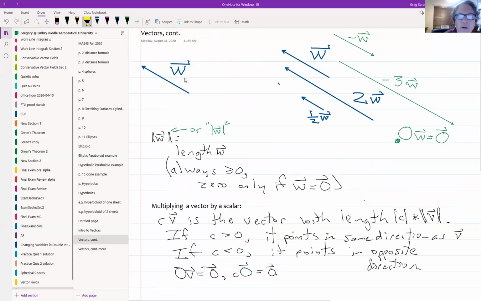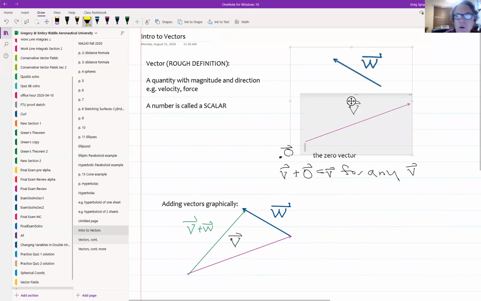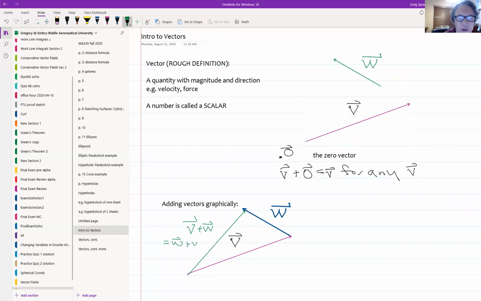And commutative means that it doesn't matter what order you add things in. So V plus W is W plus V, just like with numbers.